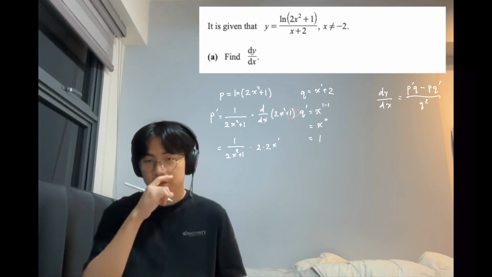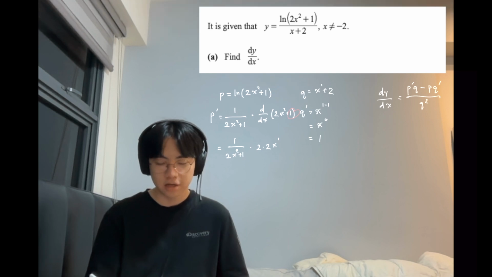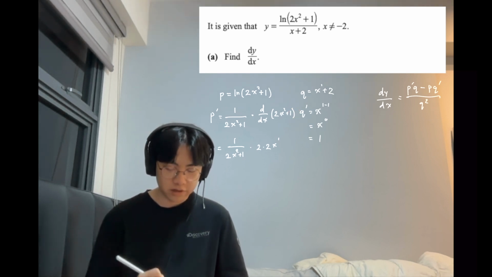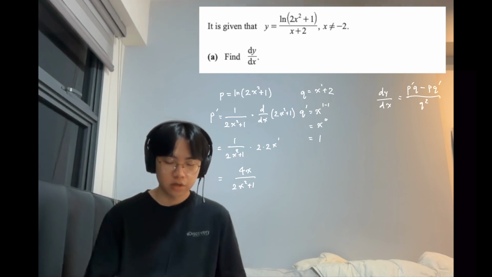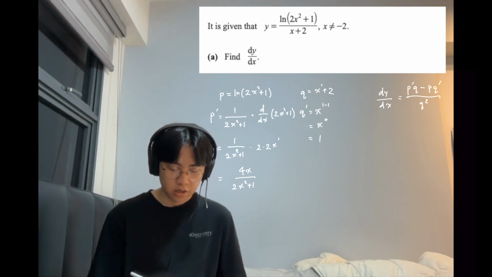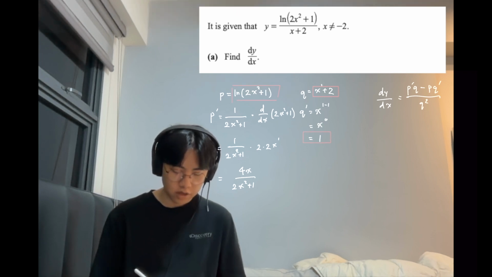If you differentiate a 1, it just becomes 0 because it's a constant. So now simplifying this a little bit, we get 4x over (2x² + 1). Great. We now have our p, we have our q, we have our q', and we have our p'.